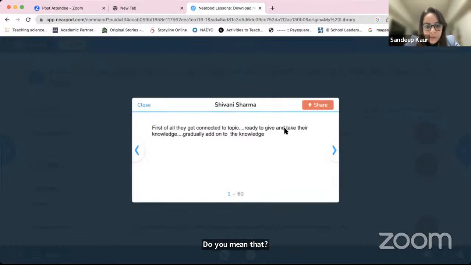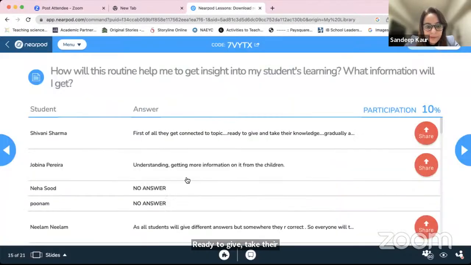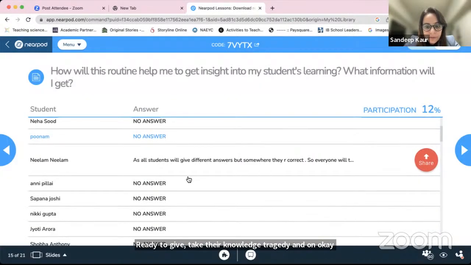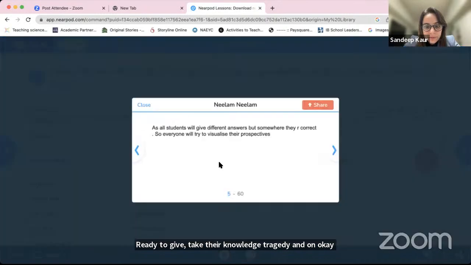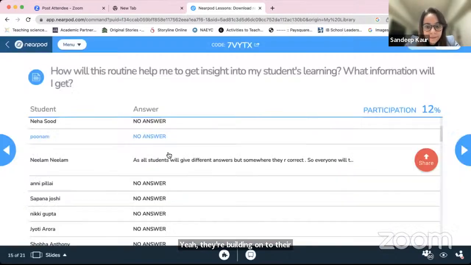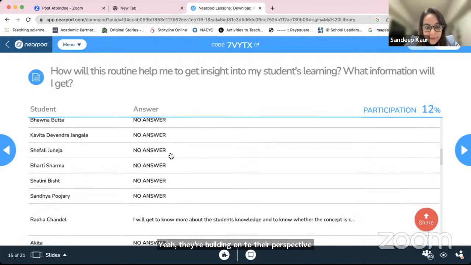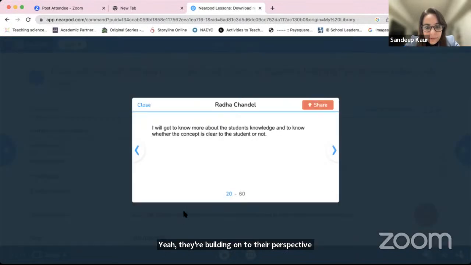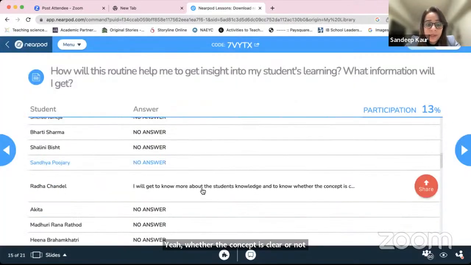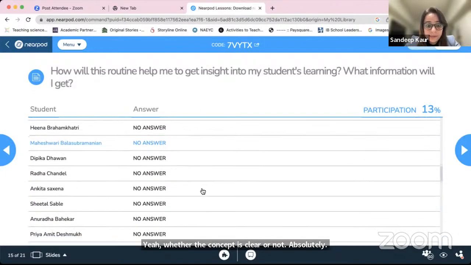Ready to take their knowledge gradually on, okay. Yeah, they're building on to their perspectives. Yeah, whether the concept is clear or not, absolutely. If there are any misconceptions that need to be dealt with in the class.